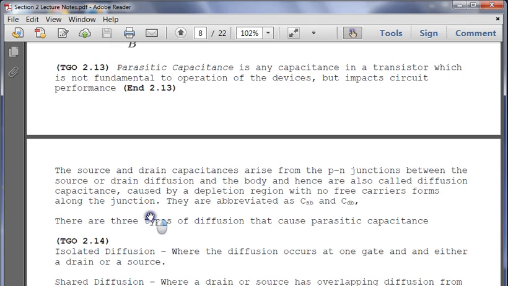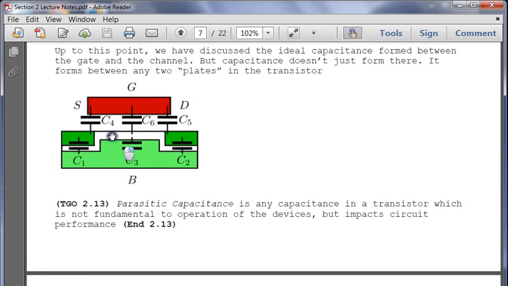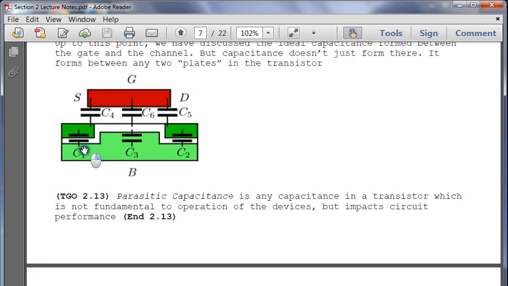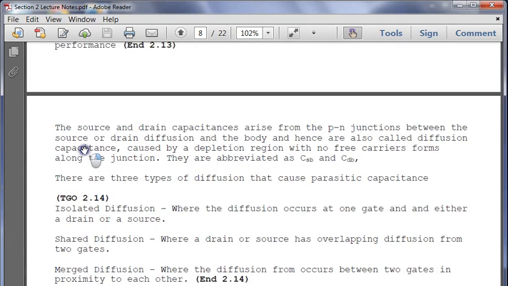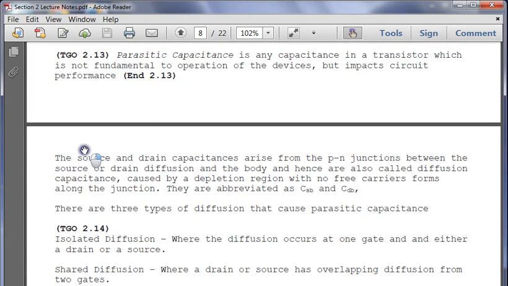The 3 types are isolated diffusion. Isolated diffusion is an instance where the diffusion occurs at one gate and either a drain or a source. So I'm going to scroll back up. You have isolated diffusion here between a gate, a drain, and a source. I also have a larger diagram down here. Let me make sure you can see 2.13 as well.